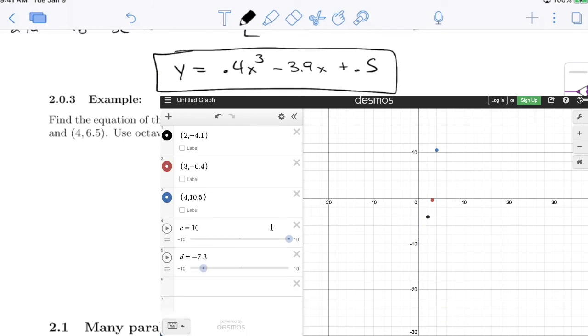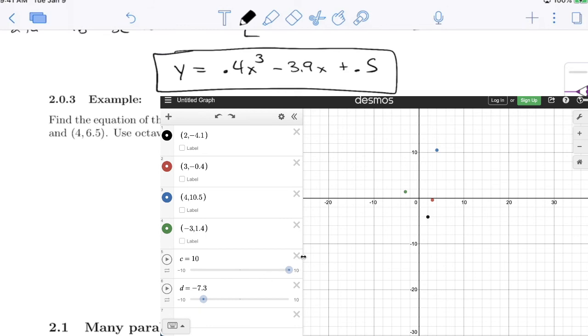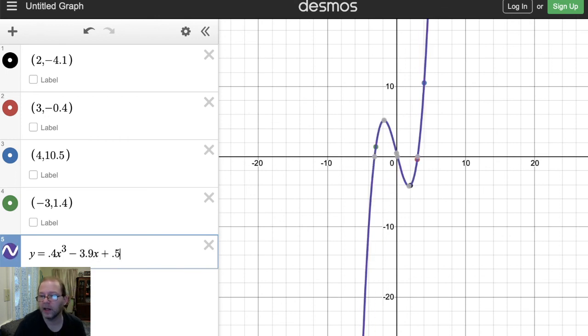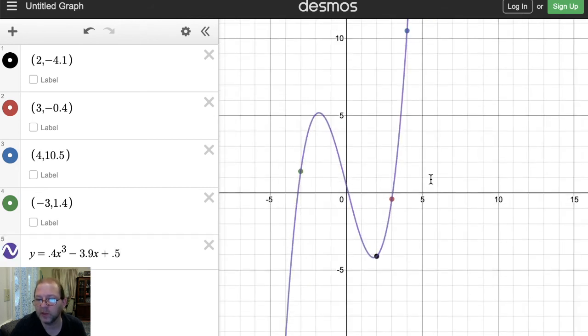I didn't mean to delete my points. I'm going to delete these things. And now I'm just going to put the equation in. So let's make that a little bigger. All right, so the equation was y equals 0.4x cubed minus 3.9x plus 0.5. And sure enough, that goes through all of those points that we had over there. All of the dots are hit by this parabola, or not parabola, cubic function.